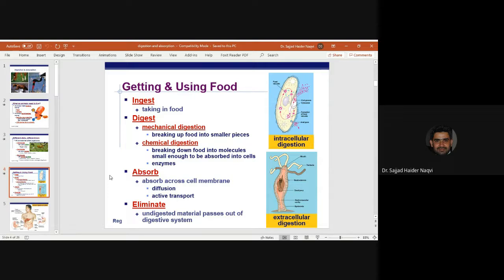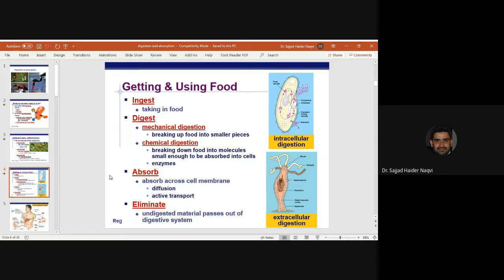And that mechanical digestion is primarily going on in the mouth when we chew the food with the help of our teeth, and some sort of mechanical digestion also takes place in stomach, where the contraction and relaxation of the stomach also bring about some mechanical digestion.